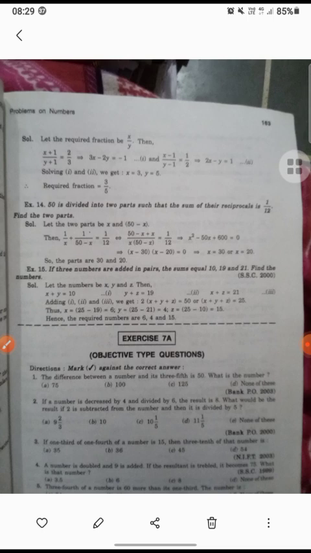If three numbers are added in pairs, the sums equal 10, 19, 21. Find the numbers. x plus y is 10, y plus z equals 19, and x plus z equals 21.